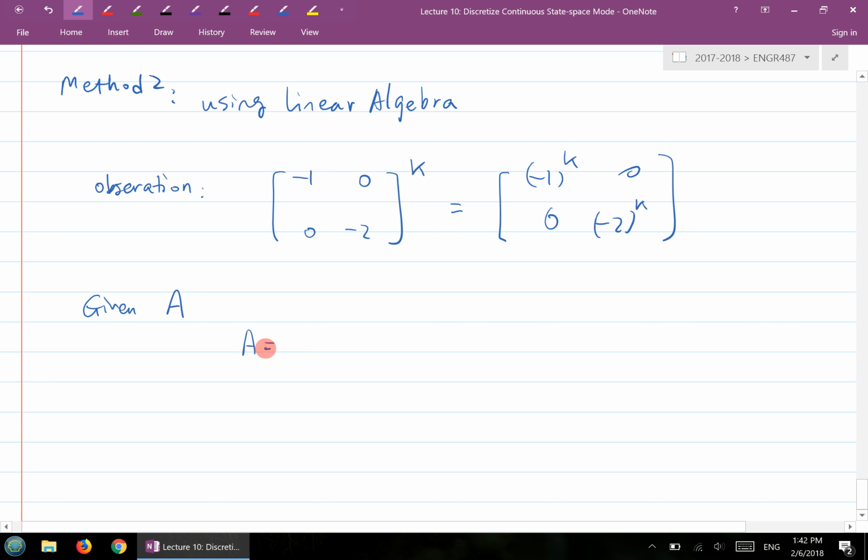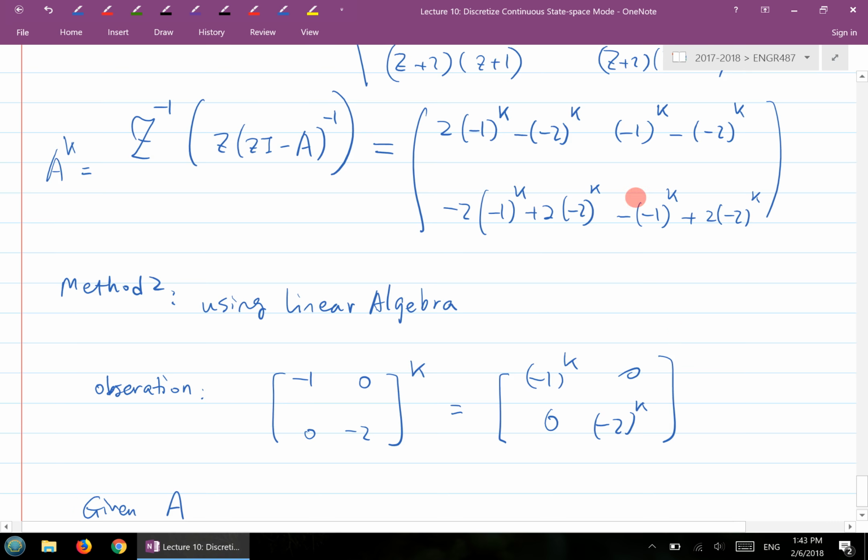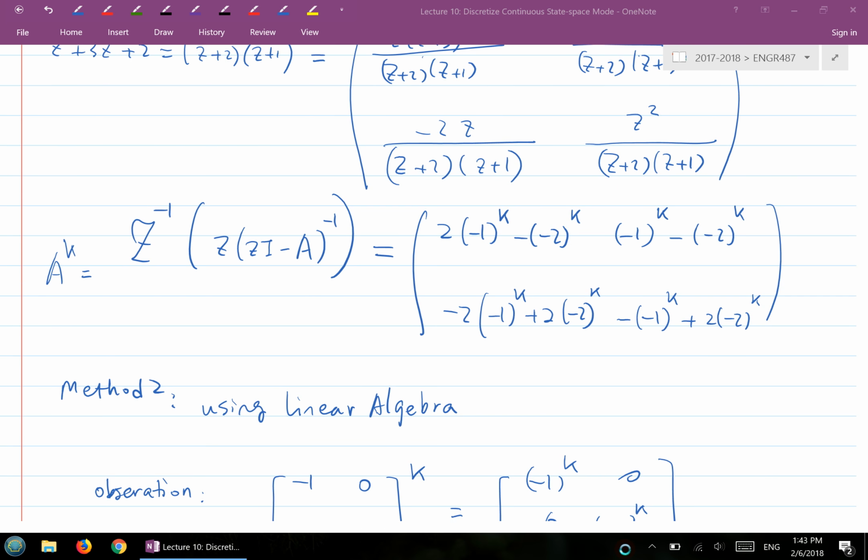So we do have essentially the next topic here called similarity transformation. If you look at the one I'm writing here, this -1, this -2, those are basically the poles, or the eigenvalues, of the original matrix.